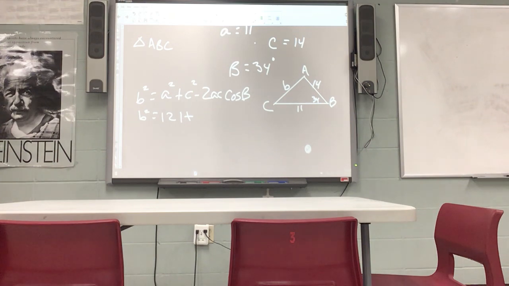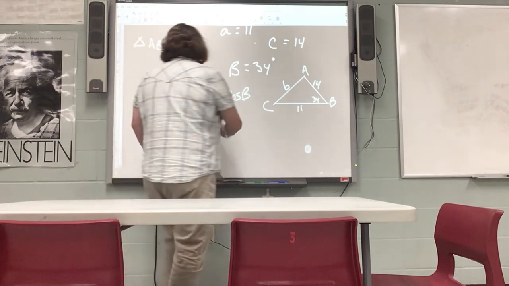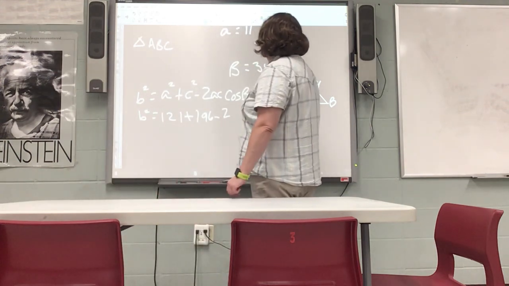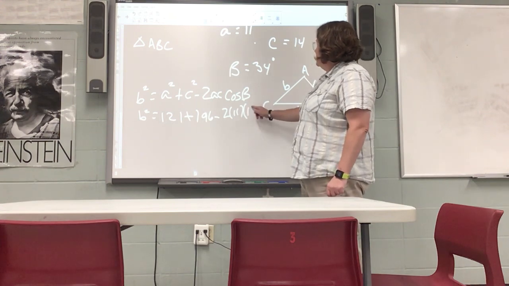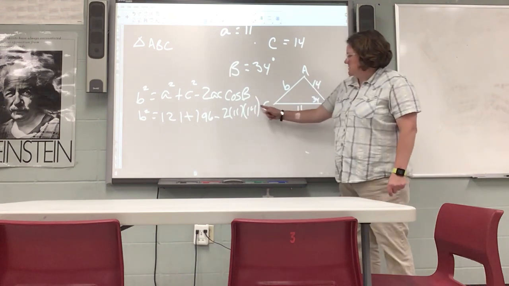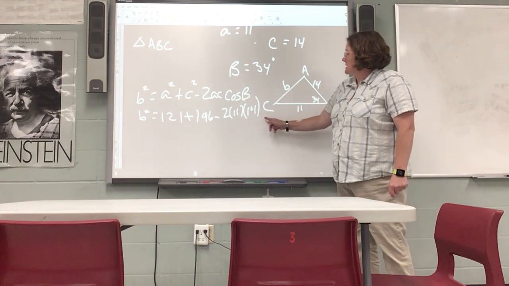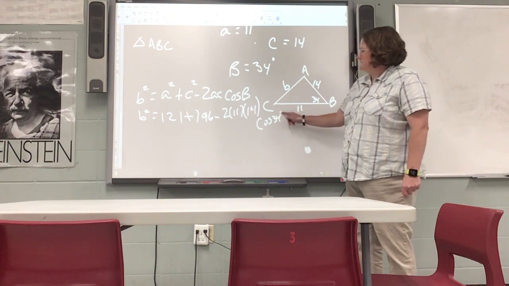Well, I know it's 14. 14 squared is 196, minus 2 times A times C. I ran out of room, so this is gonna be on the end, times the cosine of 34 degrees.